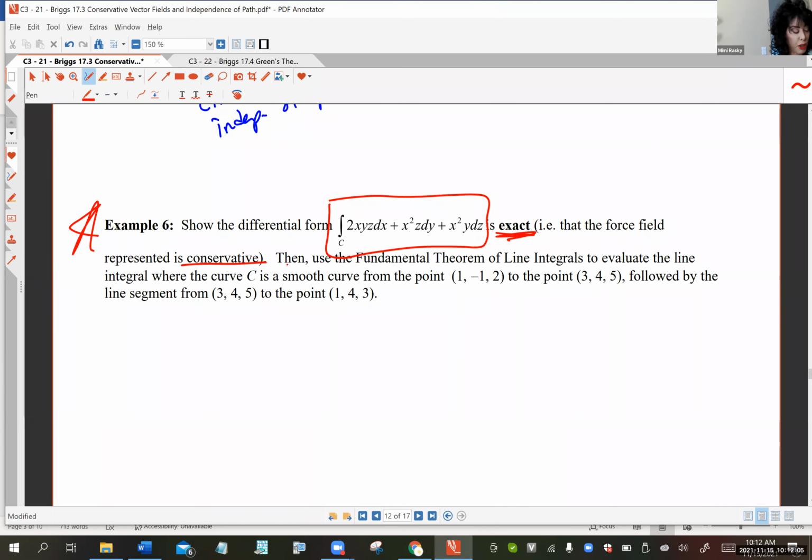Now to show it's conservative, we need all of those partials to be equal to each other, where it's understood that whatever is multiplying with the dx is the M, whatever is multiplying with the dy is the N, and whatever is multiplying with the dz is the P. And your textbook may call these something else, and it's unfortunate. That's not the standard.